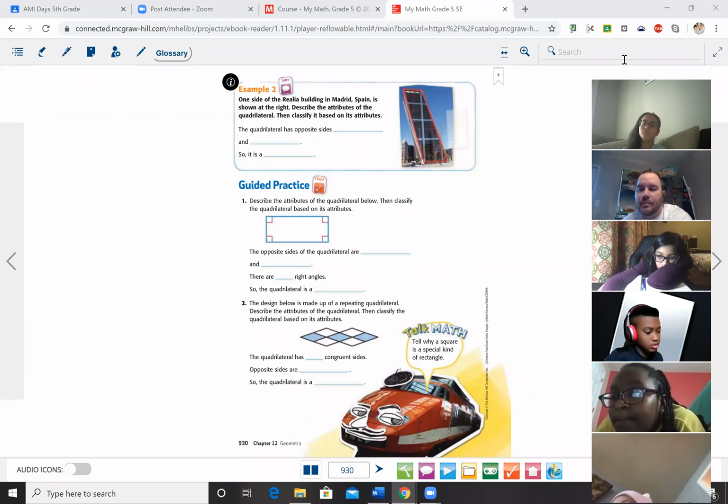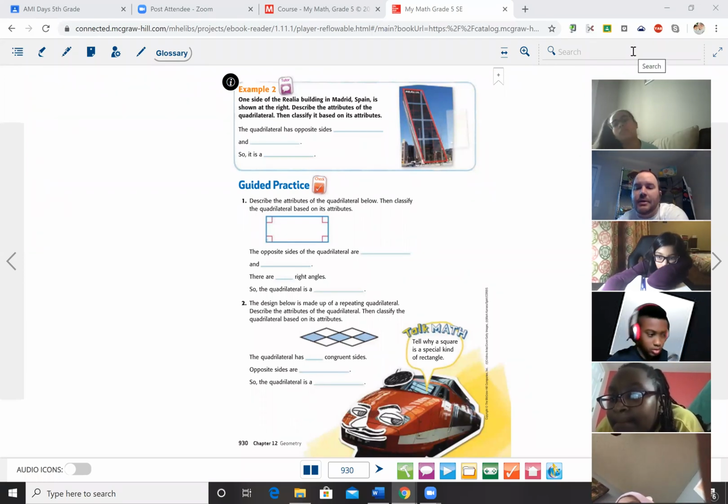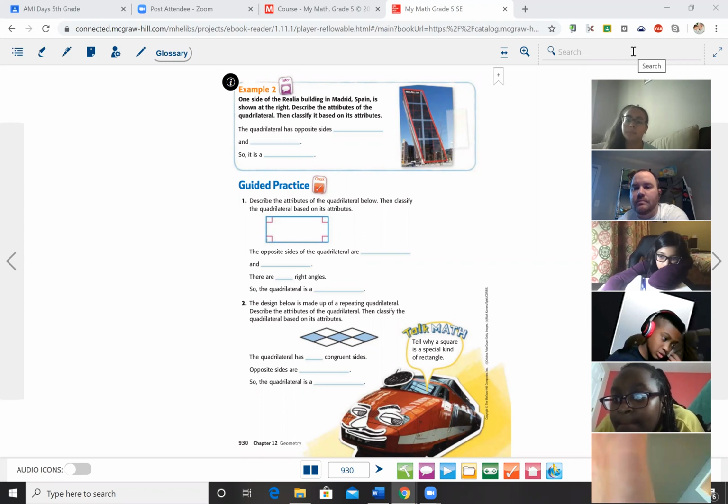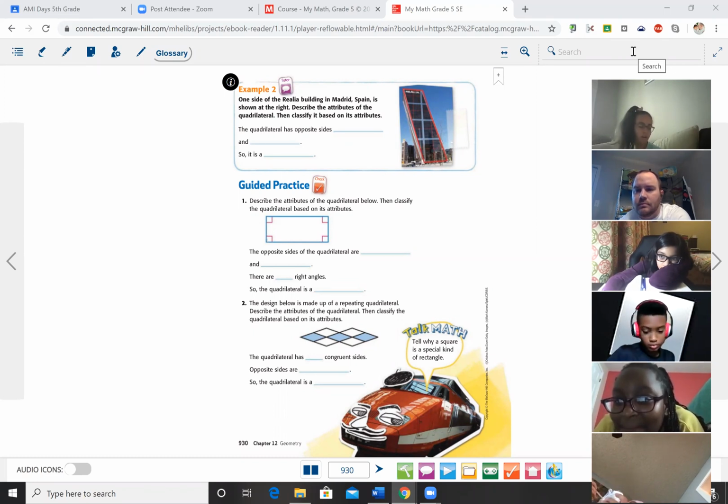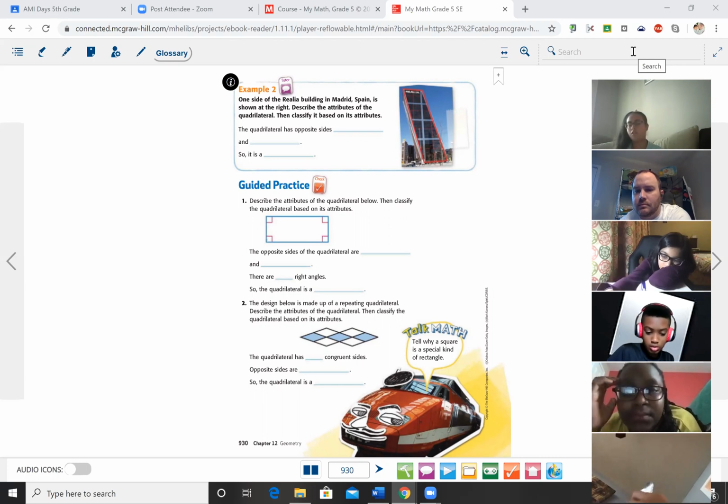All right, so Bethany, I'm going to ask you about number 1. Okay, so how do you know it was a rectangle? Because the opposite sides of the quadrilateral were congruent and parallel. There were 4 right angles, so I classified it as a rectangle.